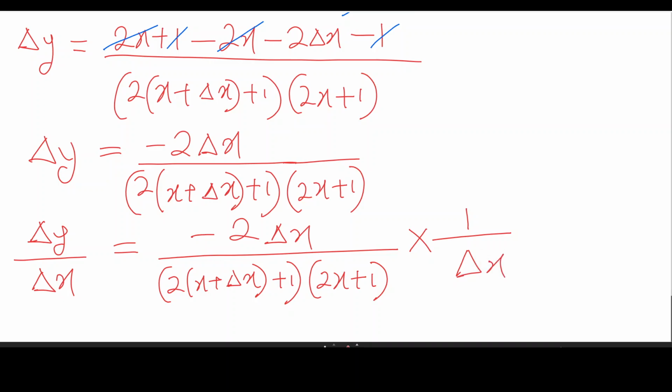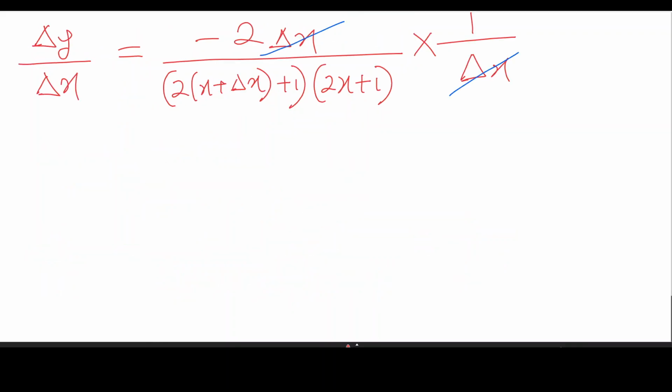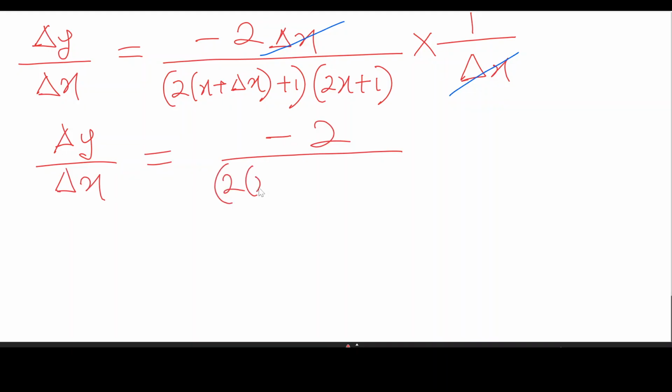Of course, we have delta x and delta x cancelling, so which is going to be delta y over delta x equals minus 2 over 2 into x plus delta x plus 1 multiplied by 2x plus 1.